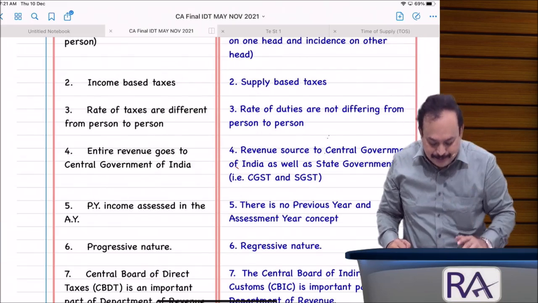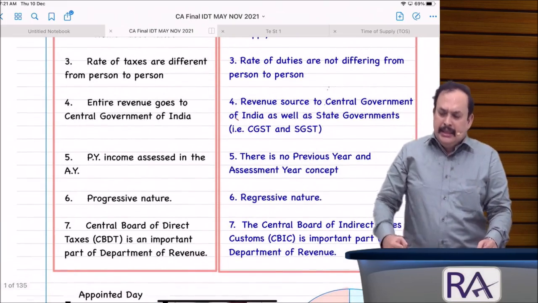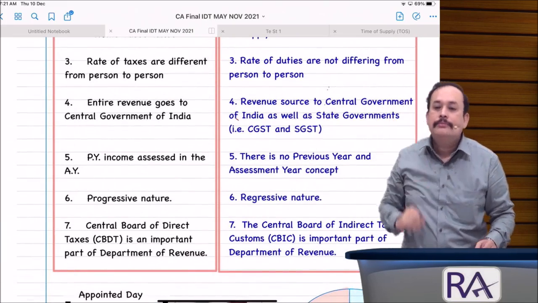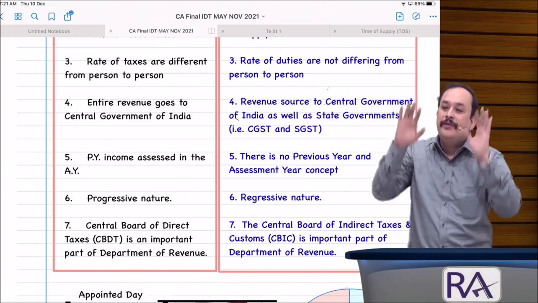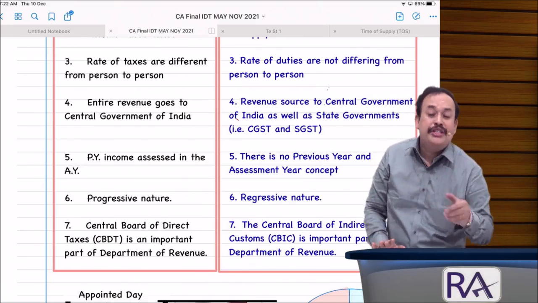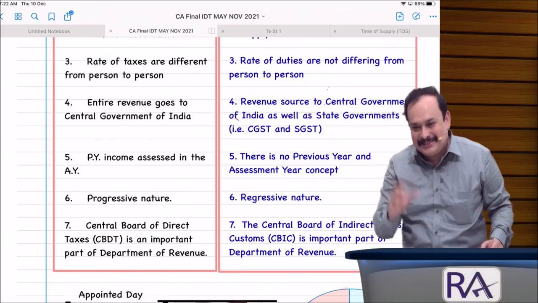Let us further refer here: the entire revenue of direct taxes goes to the Government of India. The Central Government alone collects the entire revenue of income tax. There is no sharing with the states. Whereas indirect taxes are not like that.